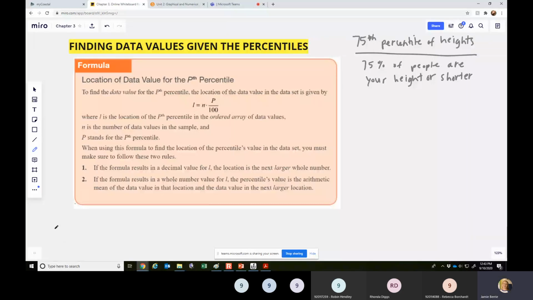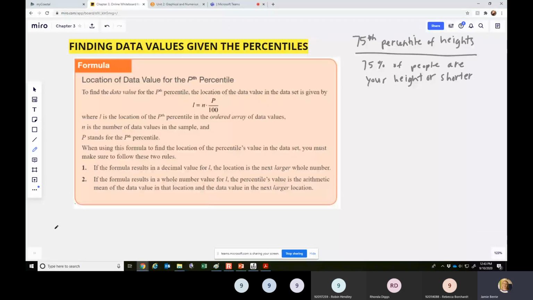It says when using this formula to find the location of your percentile's value in the data set, you have to make sure and follow these 2 rules. If the formula results in a decimal value for the location, the location is the next larger whole number, so round up.